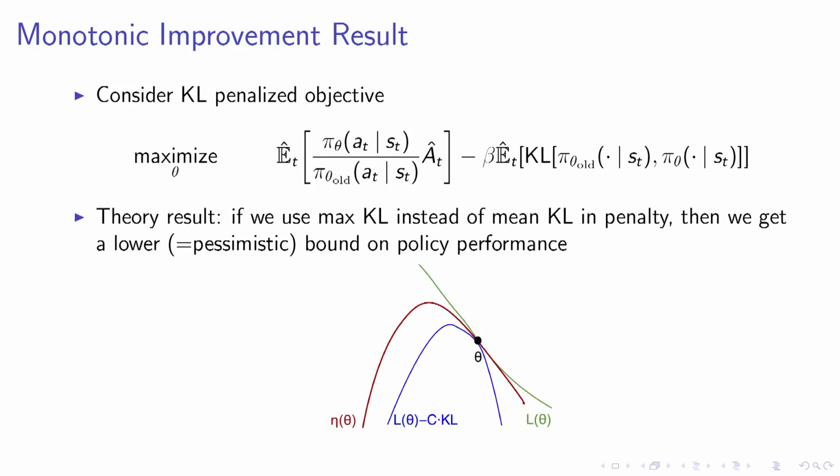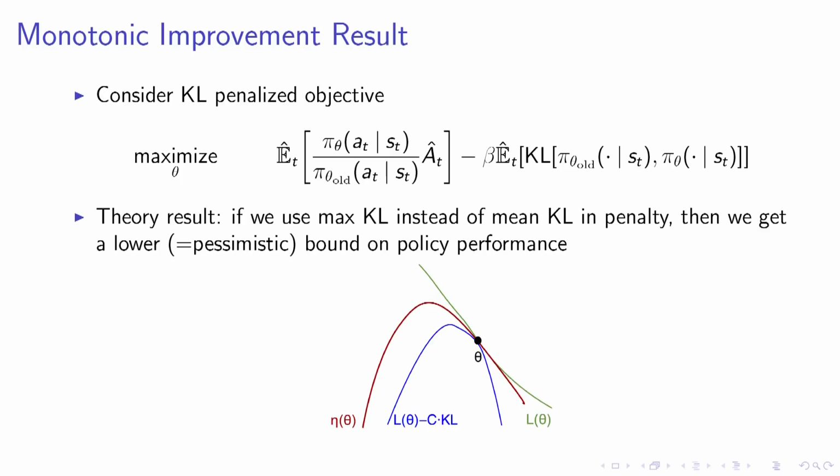We can illustrate that with this diagram here. Let's say eta, this red curve, is the actual performance of the policy parameter theta. If we compute this surrogate loss, which is the thing before we added the constraint or the penalty, this is a good local approximation, which has the same gradient. But if you go too far away, all bets are off.